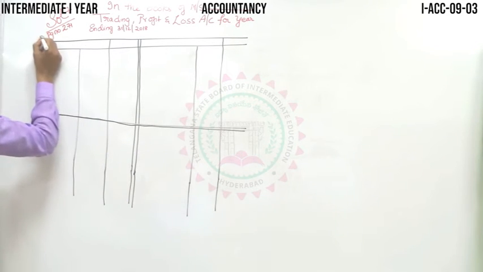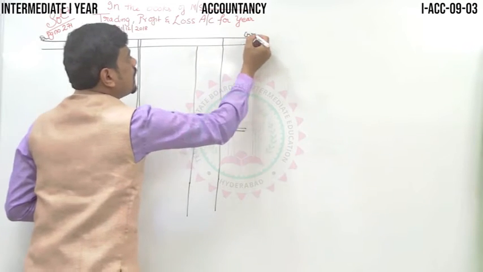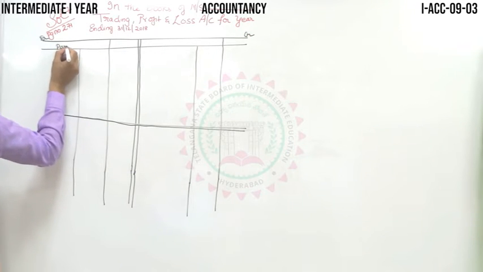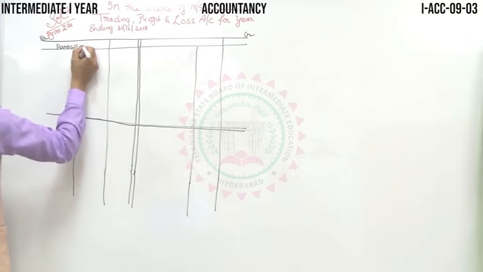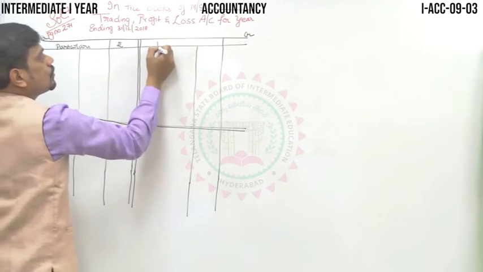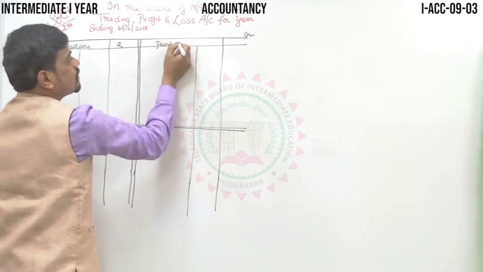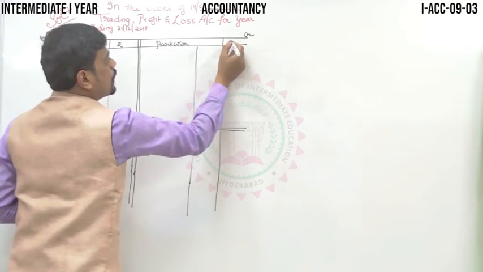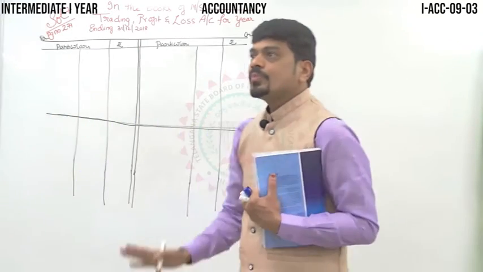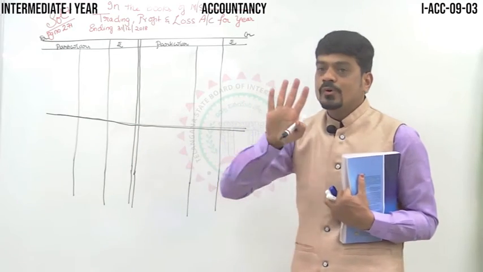Then as usual, debit, credit. Then particulars with your amount, particulars with your amount. Then I told you how we have to write those 4 items.